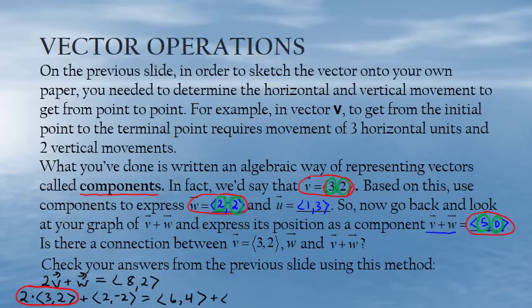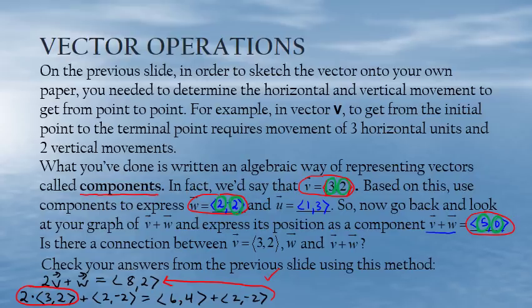And if I add that to 2, negative 2, do I get what I saw on the graph? And I think the answer is yes. 6 plus 2 is 8, and 4 plus negative 2 is 2.